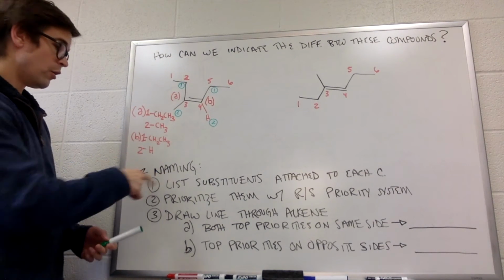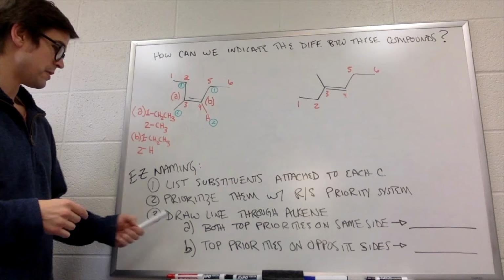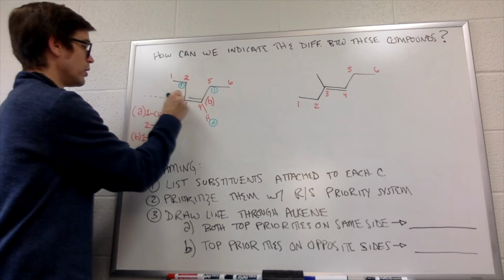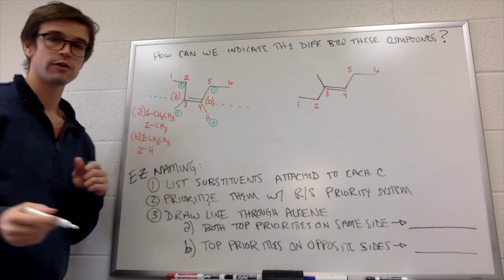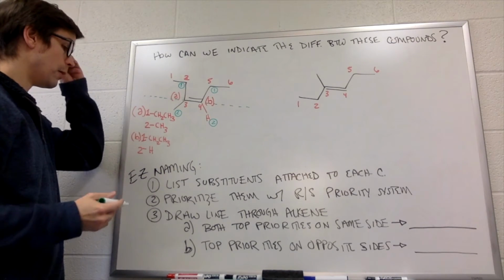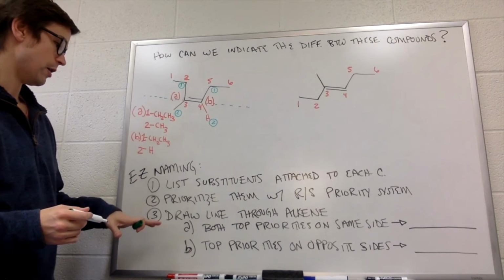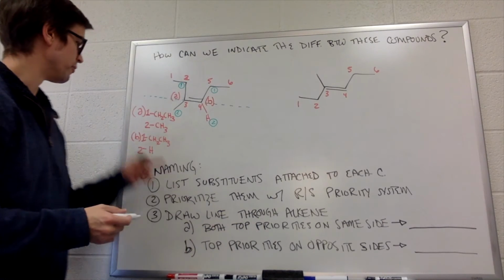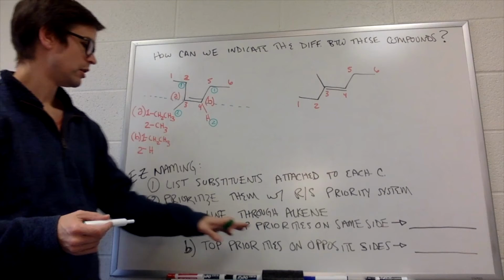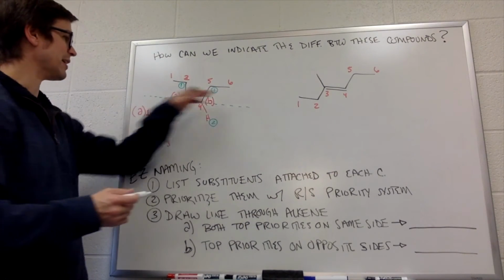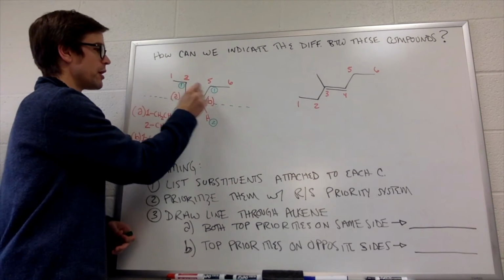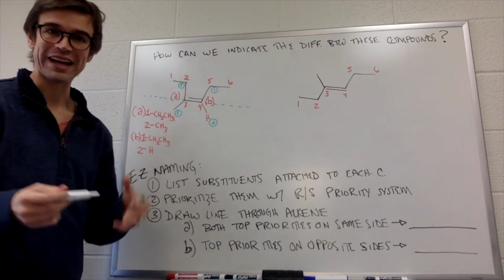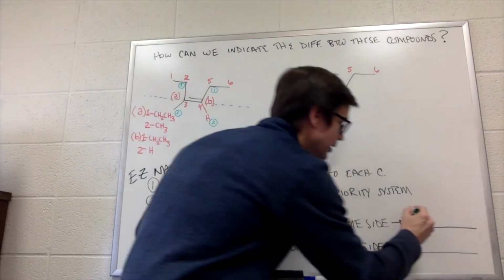So we've prioritized them, we've numbered them, and then we're going to draw a line through the alkene. So we drew the line through our alkene. It turns out that if both top priorities, so both of the 1s, are on the same side of the line that we drew, it's called a Z alkene.